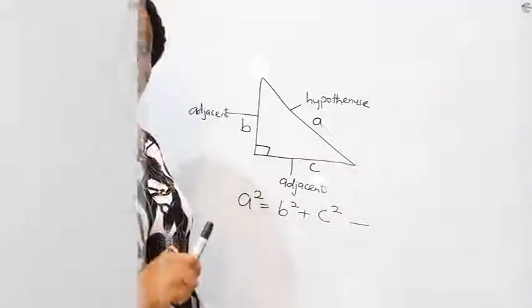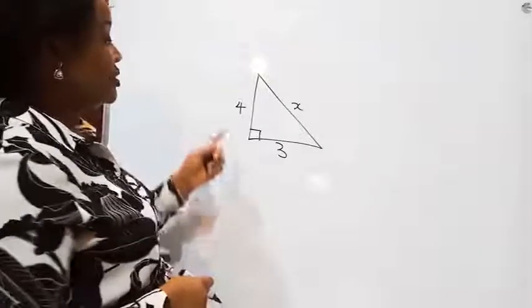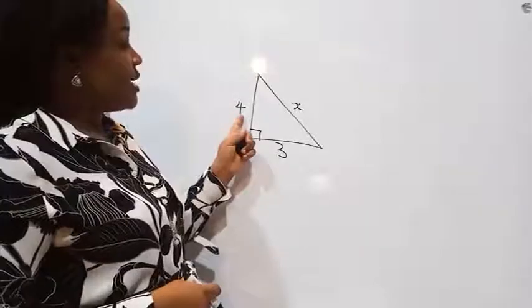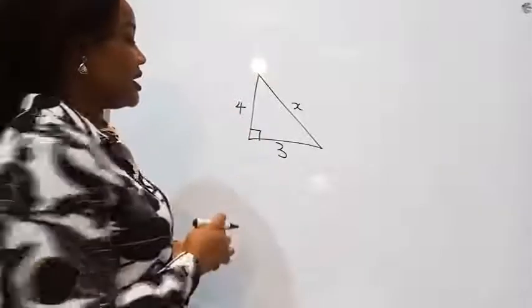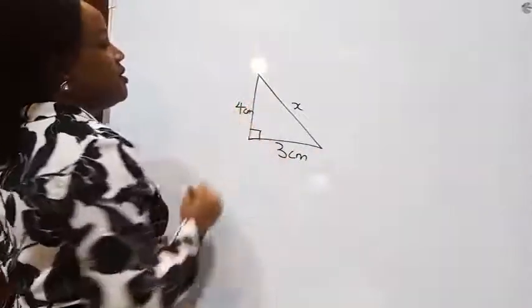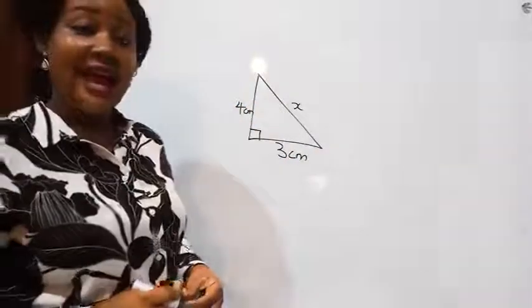Let's solve some examples. So given this right angle triangle, we have this side to be 4, this is 3, let's say cm, and we're supposed to find x.